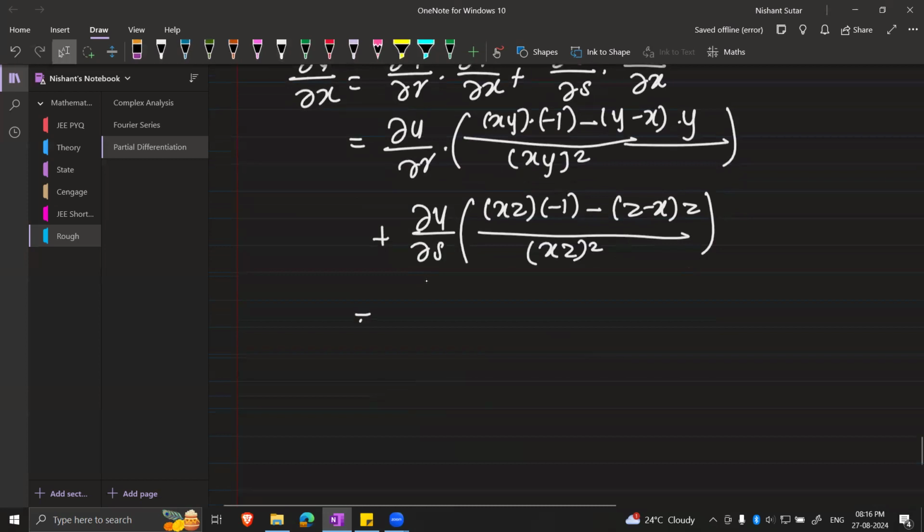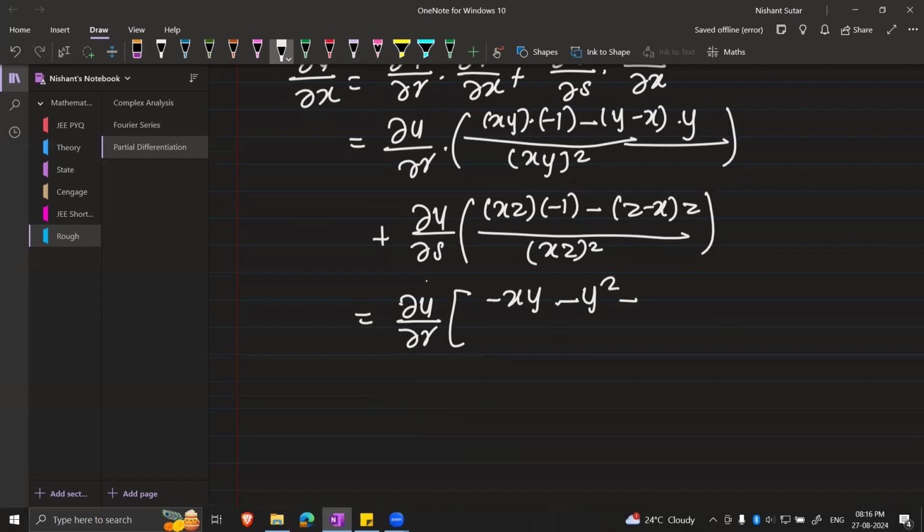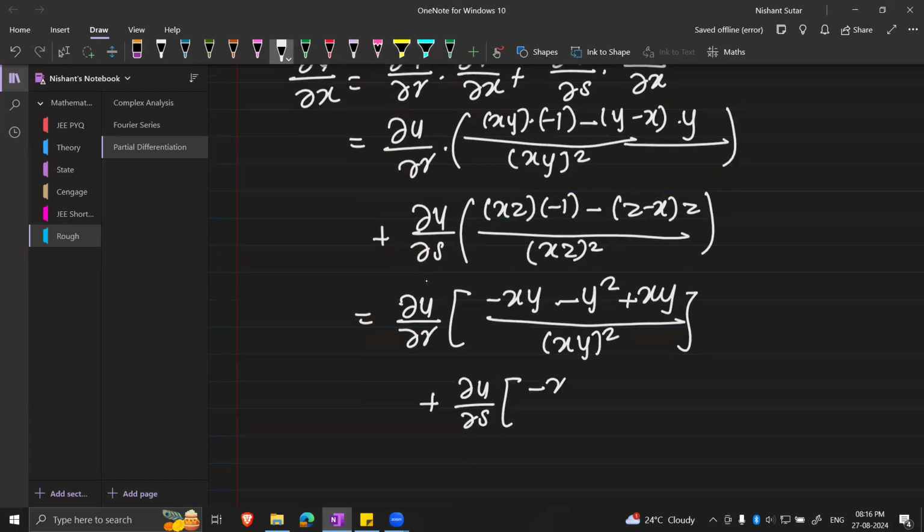So we will have del u by del r into minus xy minus y square plus xy divided by xy whole square plus del u by del s into minus xz minus z square plus xz whole divided by xz whole square.